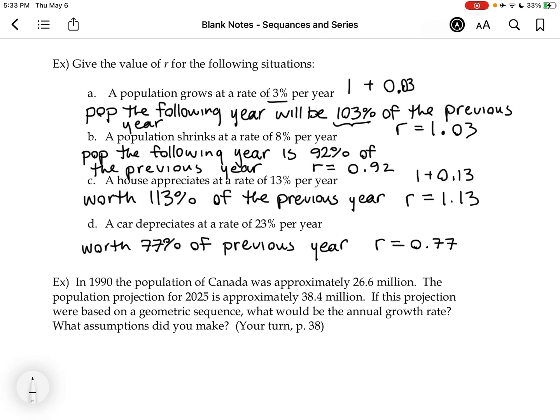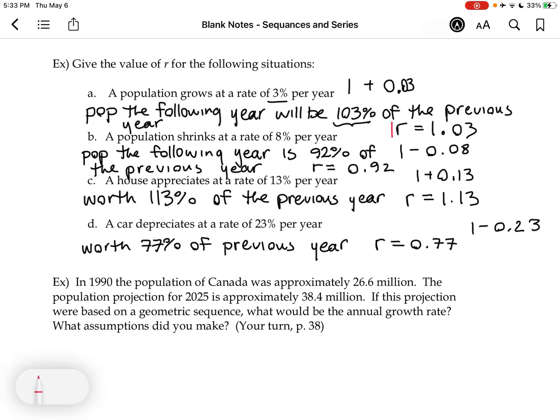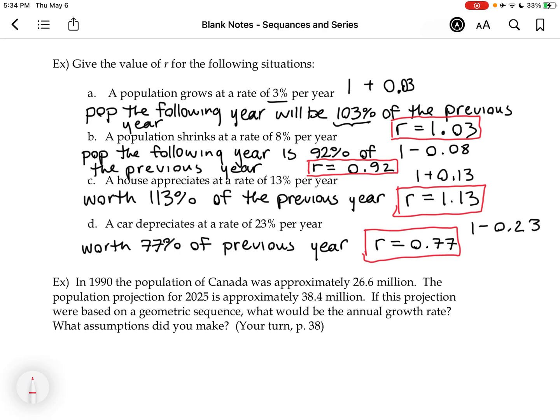Okay, so for B and D, these were each 1 minus 0.08 and 1 minus 0.23. Okay, and that's how we get these R values of, in the first case, 1.03, in the second case, 0.92, in the third case, 1.13, and in the fourth case, 0.77. Okay? All right, so let's apply this to a problem.